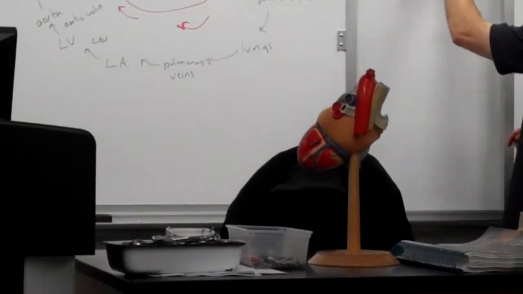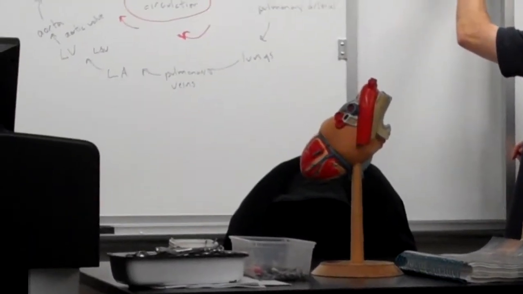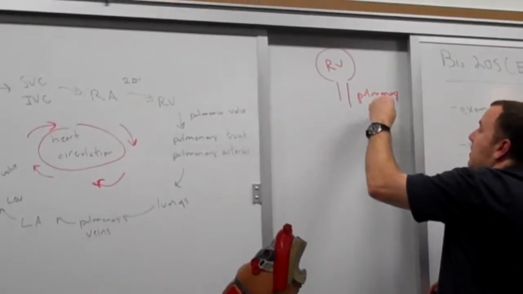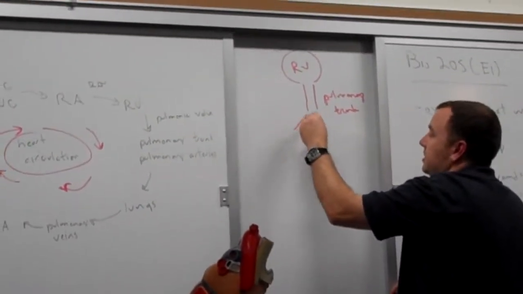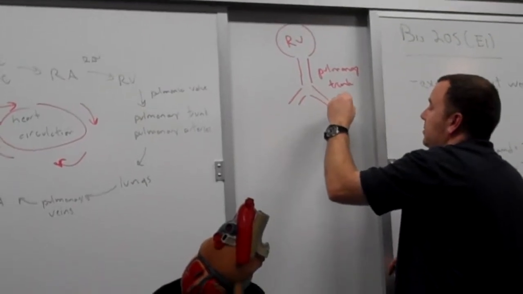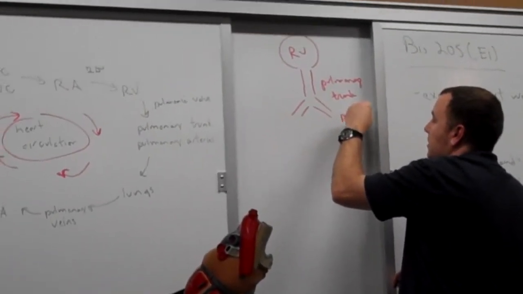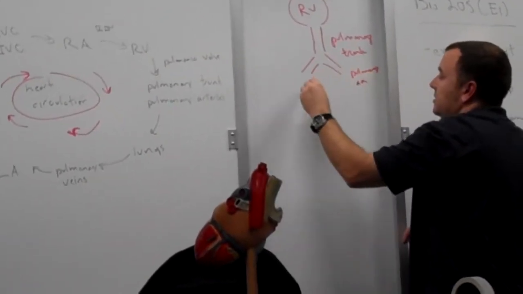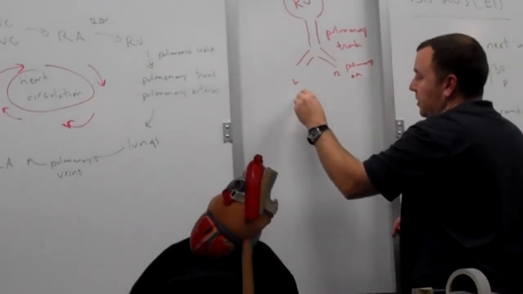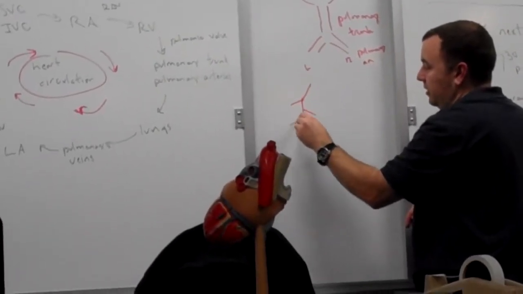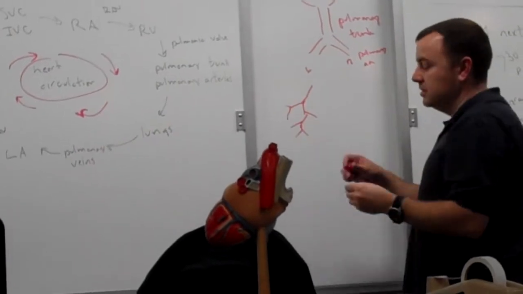Coming out of it is going to be the pulmonary trunk. The pulmonary trunk is going to divide into the two pulmonary arteries. So there'll be a left and a right. And each one of these arteries will branch out into smaller and smaller branches.